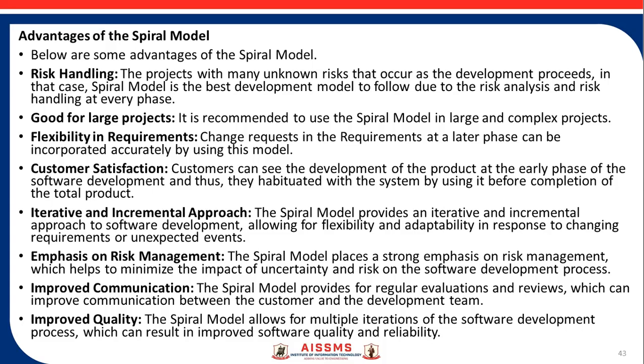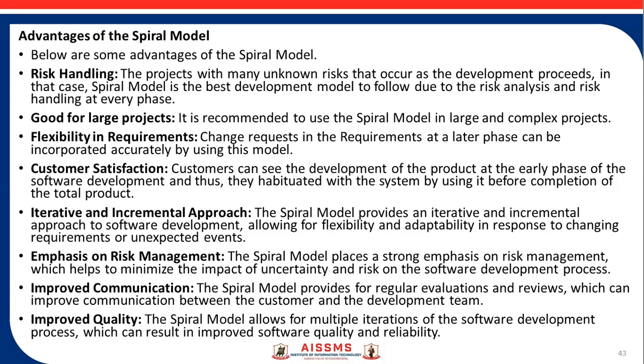Then next is flexibility in requirements. Good for large projects, flexibility in requirements. Customer satisfaction is most important. The customer can see the development of the product at the early phase of the software development, and thus gets familiar with the system by using it before completion of the total product.